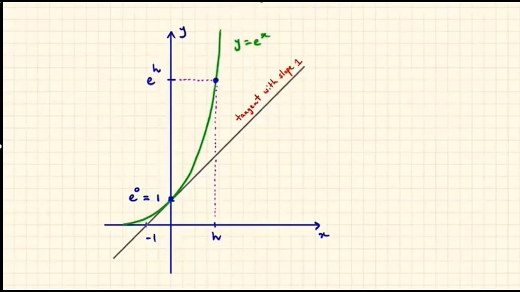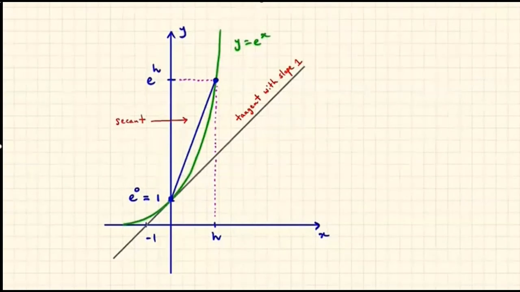Now, let's draw a secant that joins the curve's y-intercept to this point at the curve. The slope of the secant is the vertical rise, e to the h minus 1, over the horizontal run h.